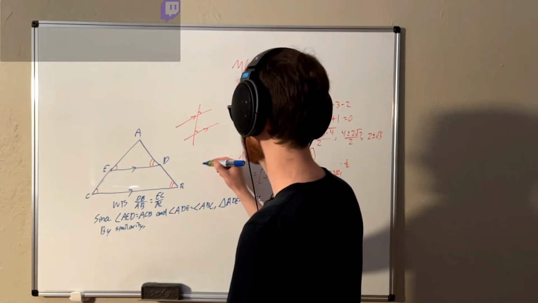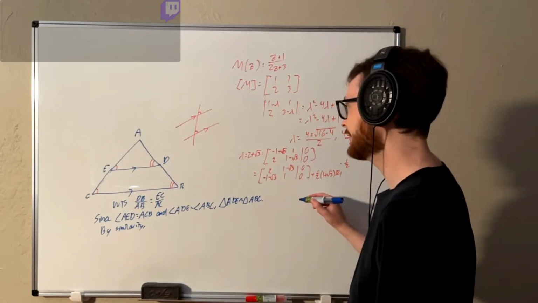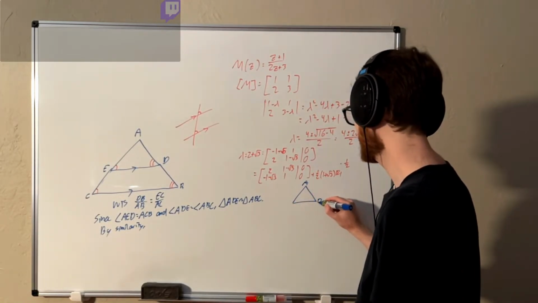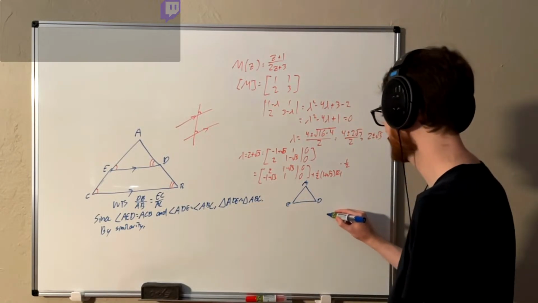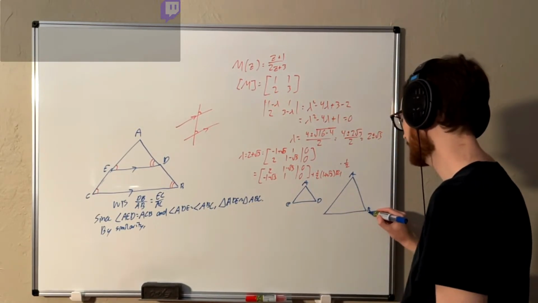So what we have here, two similar triangles, ADE, ABC.